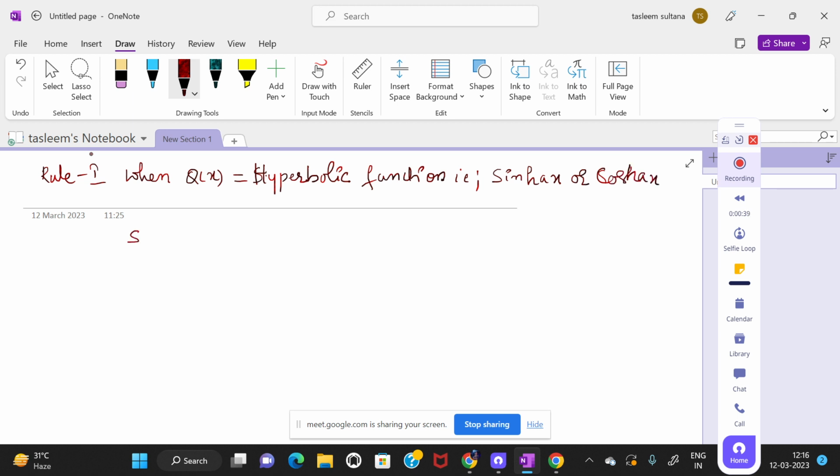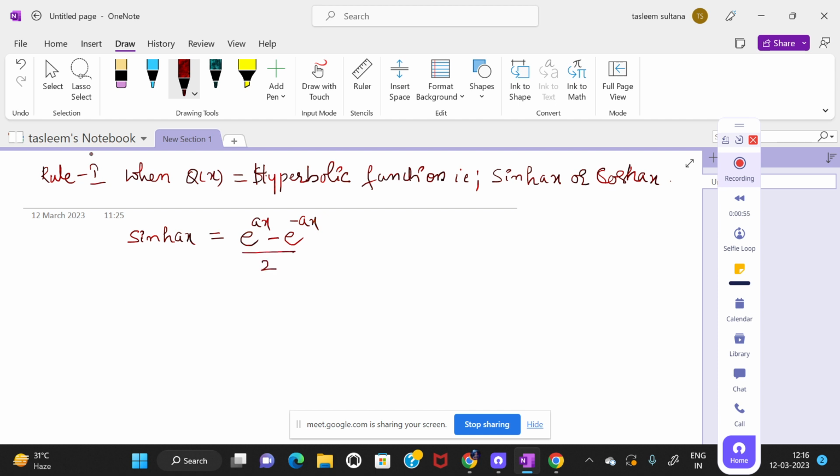When it is sinh ax, we can write it equals e to the power of ax minus e to the power of minus ax, divided by 2.